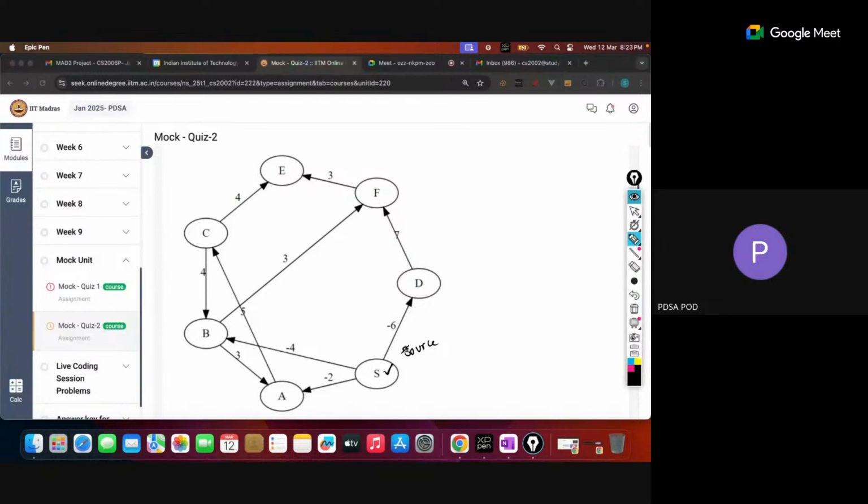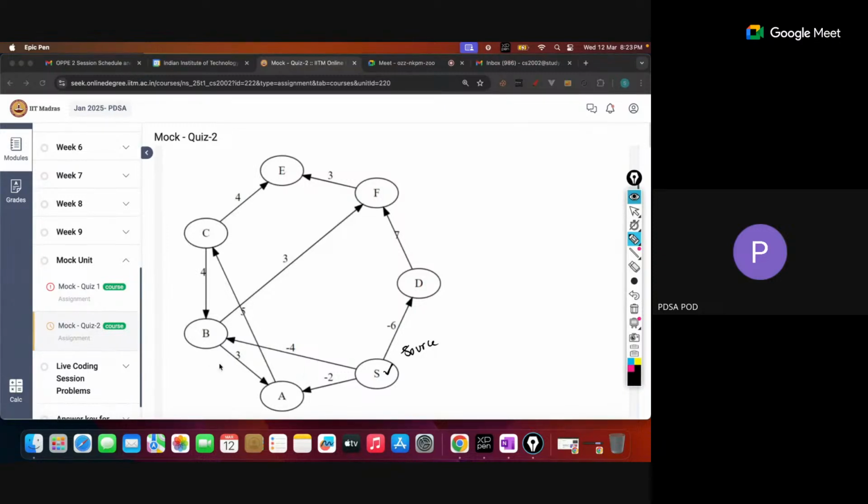S is the source, no? Can you tell me if any negative cycle is there, starting from a particular vertex and ending at the same vertex? No. Here negative edge weights are there, but negative cycles are not there.